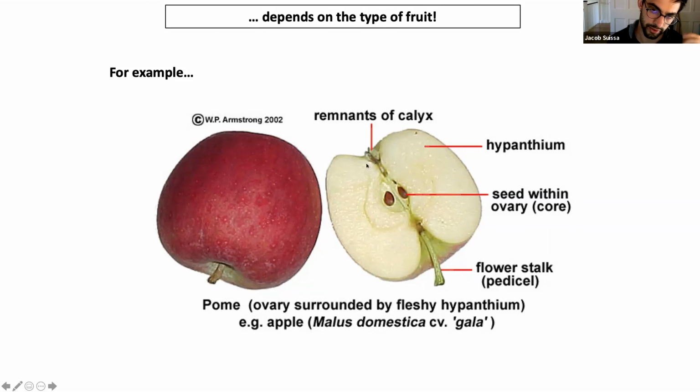So those little hairy, leafy bits at the bottom of the apple are actually remnants of the calyx, the sepals. And because it's all fused around the ovary, you would say that this is an inferior ovary. Things between inferior and superior get a little dicey when you're working with the hypanthium, but that's just something to remember.